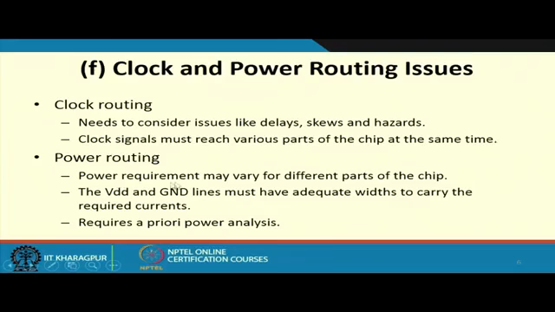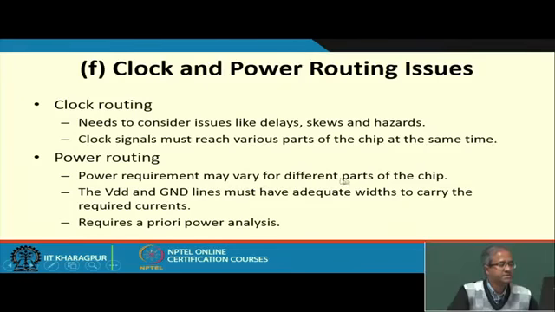Not only that, because of variations in power requirements in different parts of the chip, in some places the lines may be wider, in some places the lines may be required to be much less wide. So, the width of the lines is not fixed, unlike the signal lines.